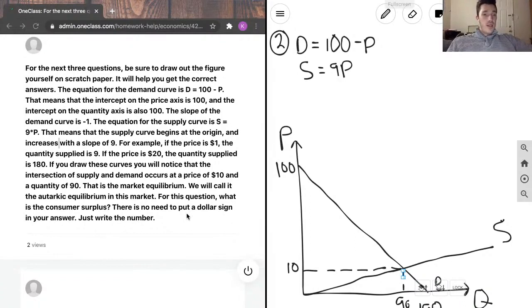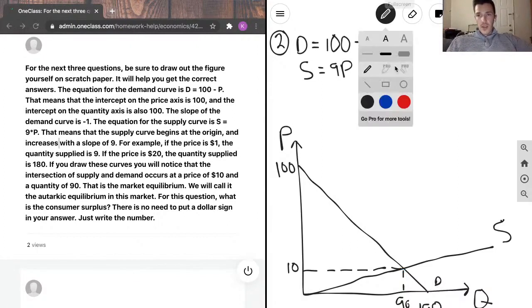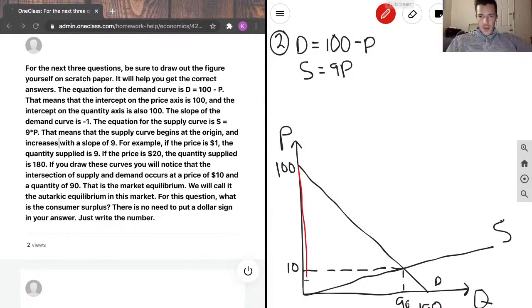This question: what is the consumer surplus? There's no need to put a dollar sign in your answer, just write the number. So if we remember, total surplus is going to be defined by this area here.